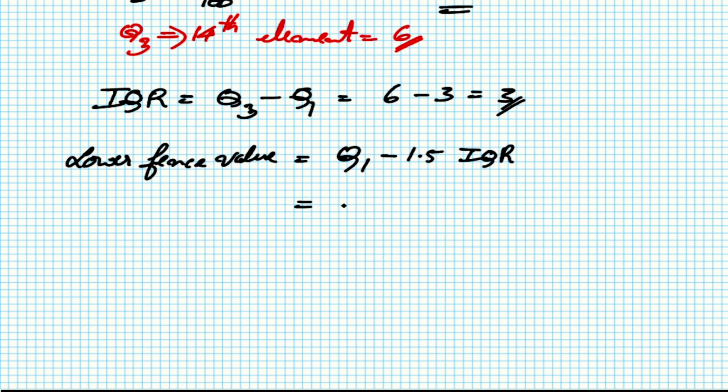So Q1 was 3, minus 1.5 times IQR, which was 3. So 3 minus 4.5 is equal to minus 1.5. Keep it ready; we don't have to use it now.